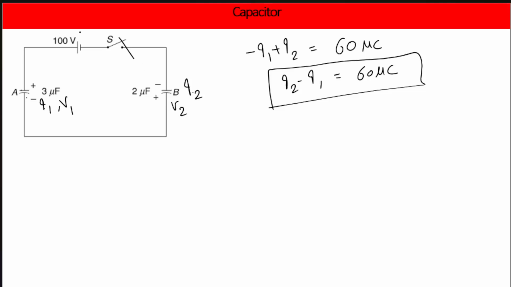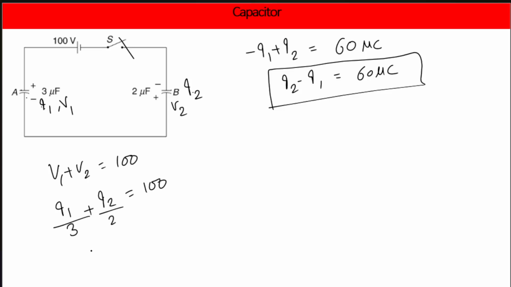The potential will drop because of this 100 volt battery. So V1 plus V2 is going to be how much? 100. And V1 can be written as Q1 by 3, where Q1 is in microcoulomb. So Q1 by 3 plus Q2 by 2 is equal to 100.